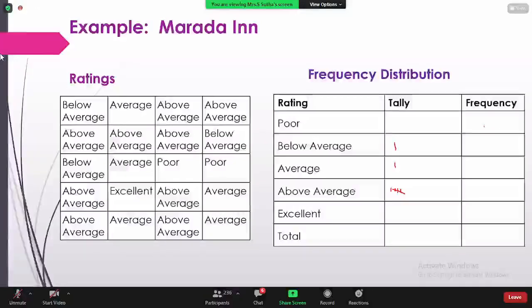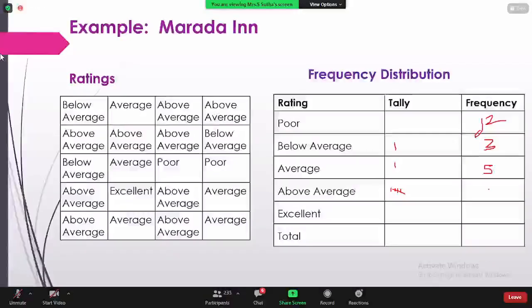So what is the frequency for poor? 2. And frequency for below average? 3. And frequency for average? 5.